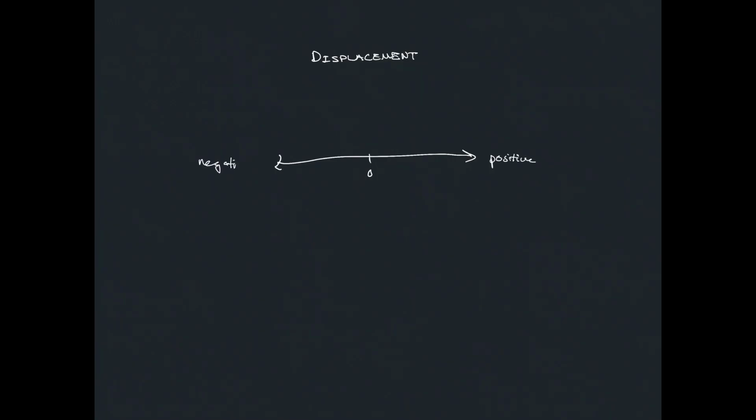So let's say we have an object that at time t1 is over here at position x1, and at time t2 the object has moved over to the left at position x2. Now, displacement is also a vector, so we can draw an arrow going from the initial position x1 to the final position x2. So that would look something like this.